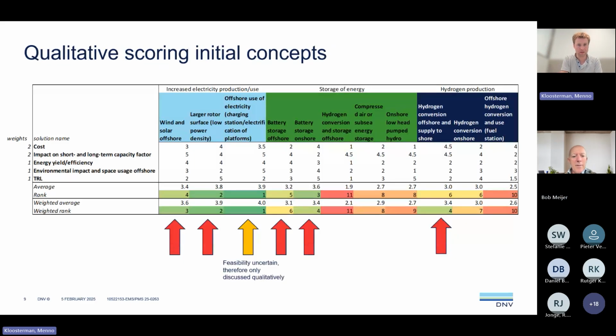Yes, so looking at these concepts and doing the scoring and the weighted scoring, you can see the results in this table below, where we found a top 5, or rather a top 6, where one of the winning concepts was actually the one where we use an offshore power station, where ships or other platforms can use the electricity directly.